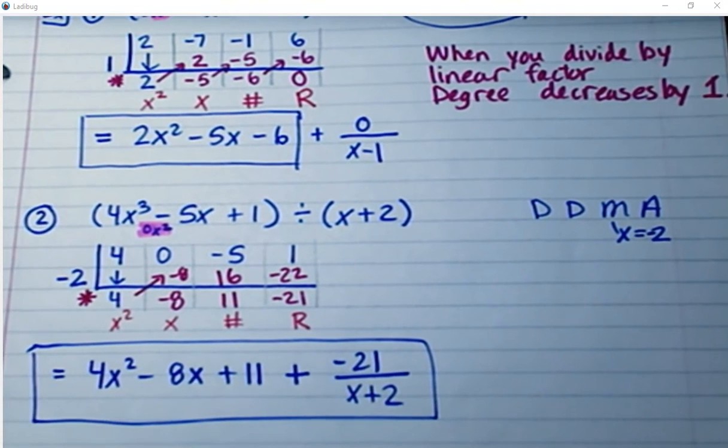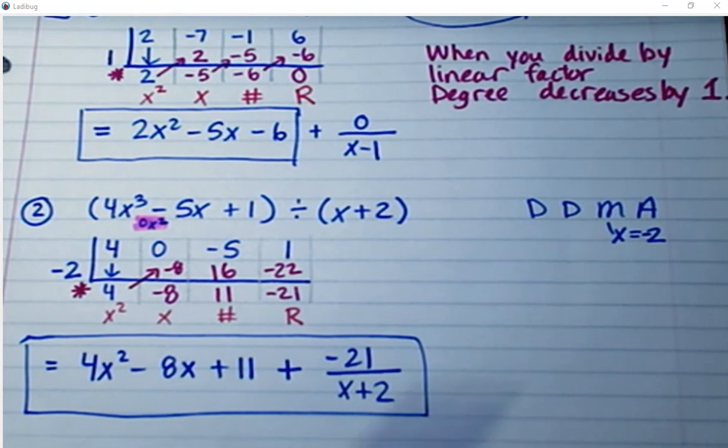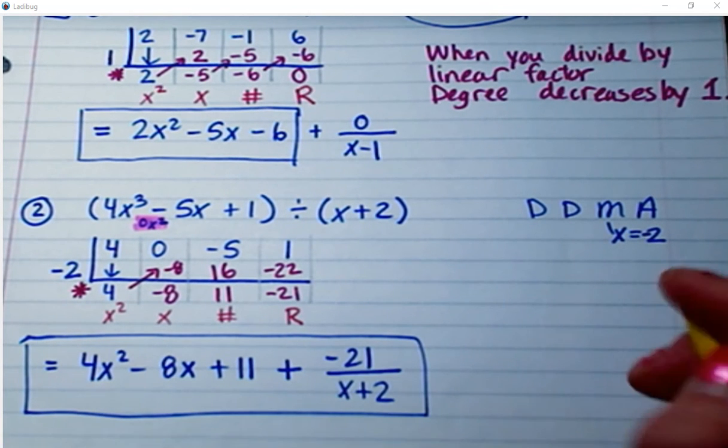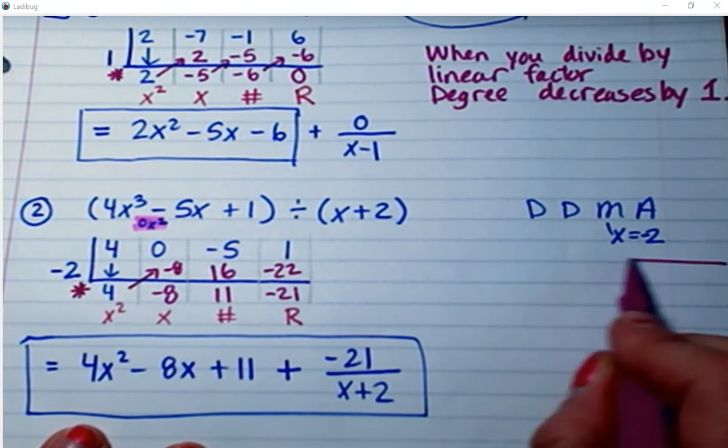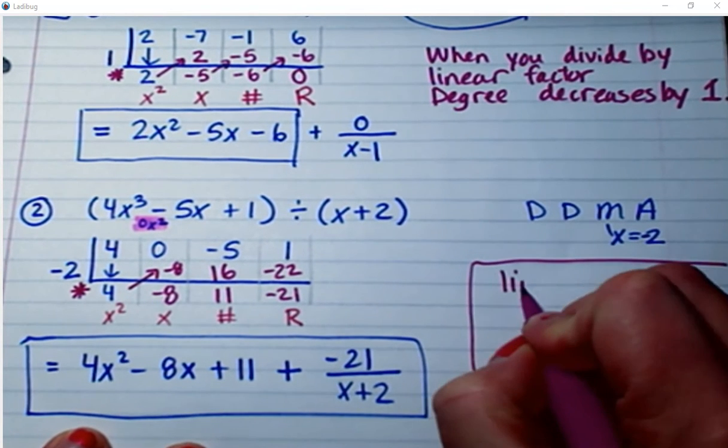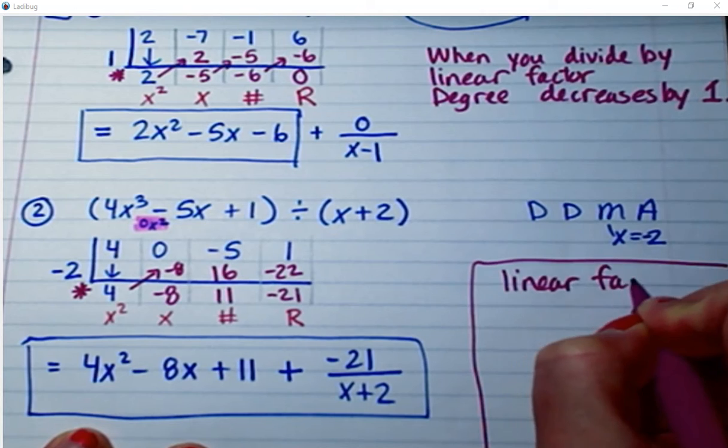You can still do long division, guys. You just don't have to if it's a linear factor. I like this because I feel like it's easier for me to find mistakes if I've made them. Yes. Wait, I'm just a little confused. How do you know this is a linear factor? Okay, a linear factor. It's a good question. Okay. I'll show you.